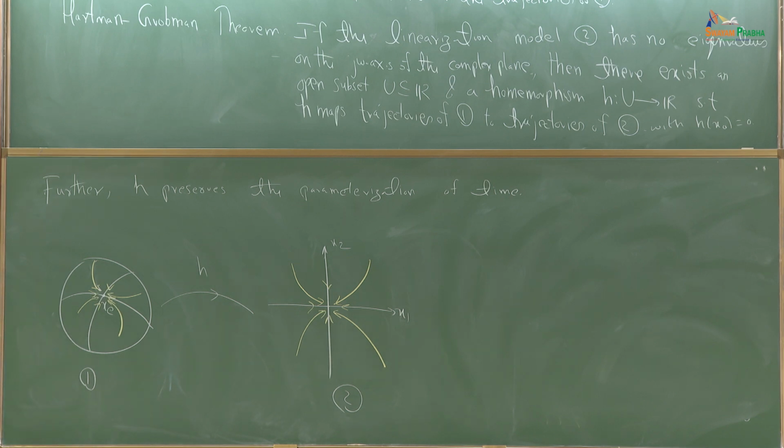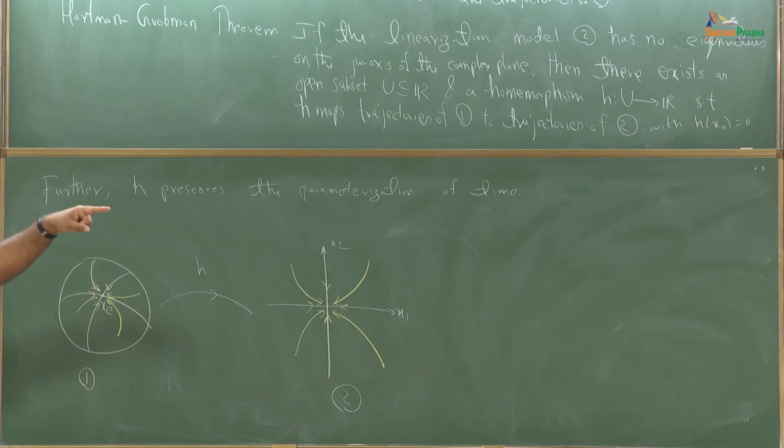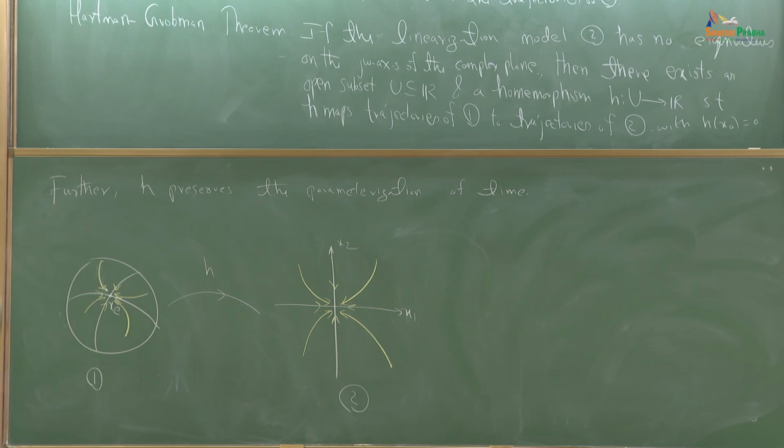The main hypothesis of this theorem is that you should not have eigenvalues on the j omega axis. That means there should be no eigenvalue with a zero real part. In fact, such equilibrium points are called hyperbolic equilibrium points, but let us not use the terminology.